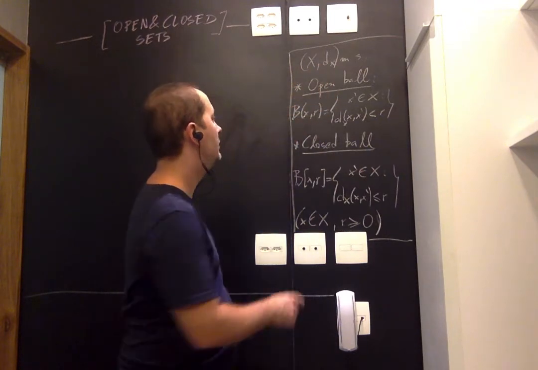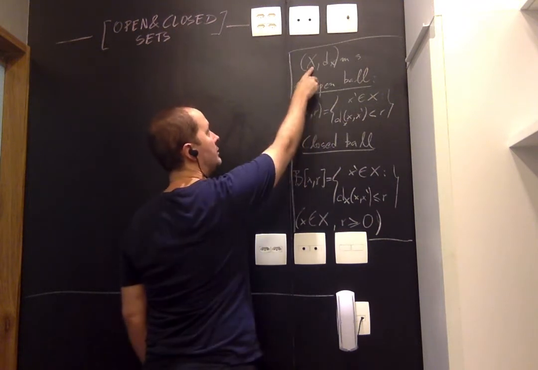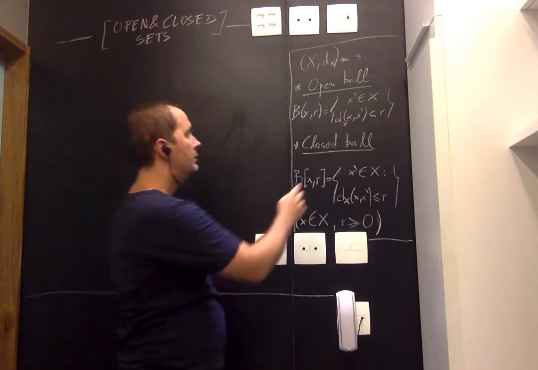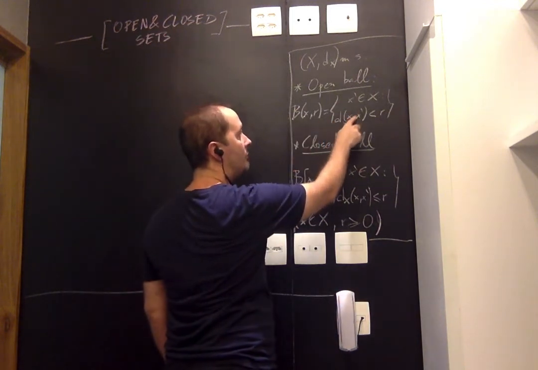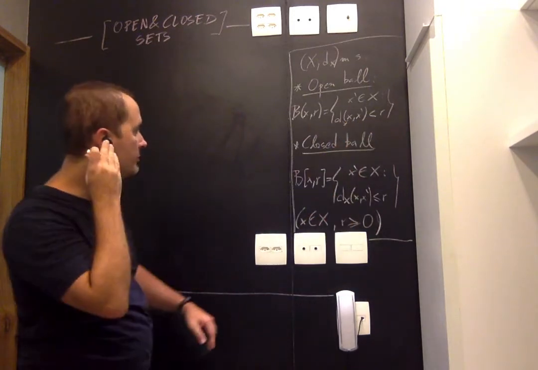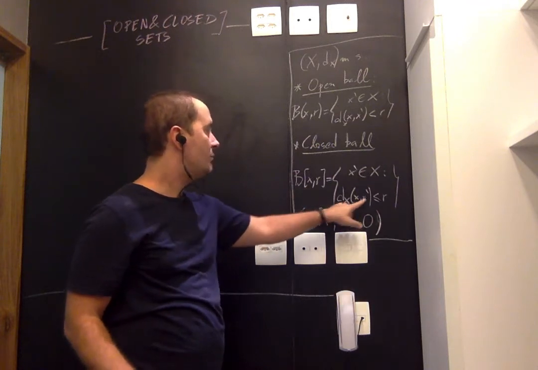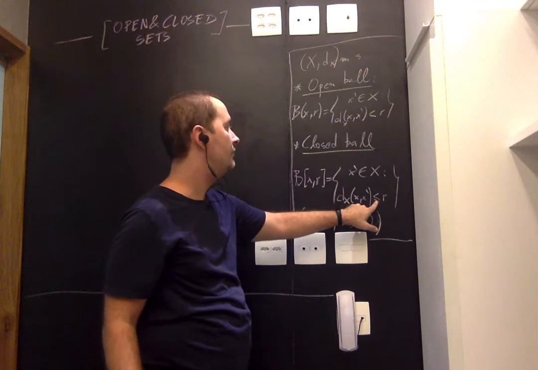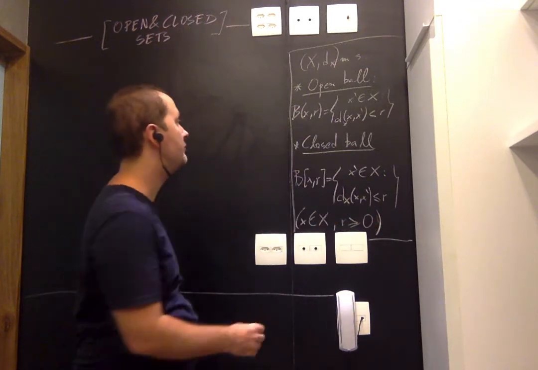An open ball around a point x of a certain radius r, where x is a point in the space and r is a non-negative real number, is the set of all points x prime whose distance to x is strictly less than r. And the closed ball is the set of points whose distance is less than or equal to r. That's the only difference between these two definitions.